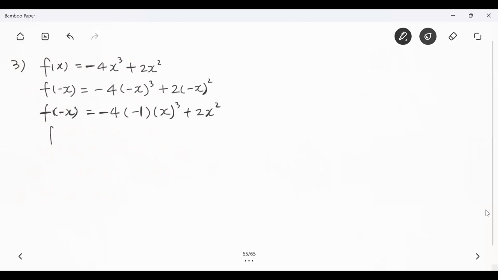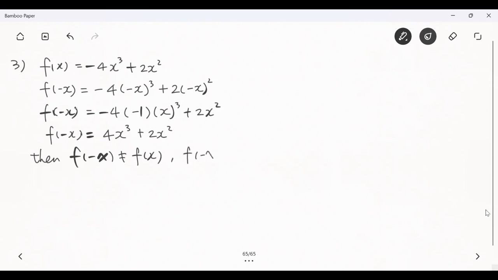Right? Next, negative times negative become positive. So 4 times x cubic plus 2x squared. Then we get the result f negative x not equal f x, right?